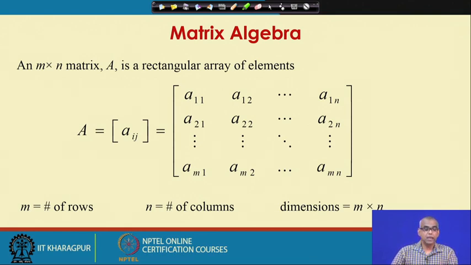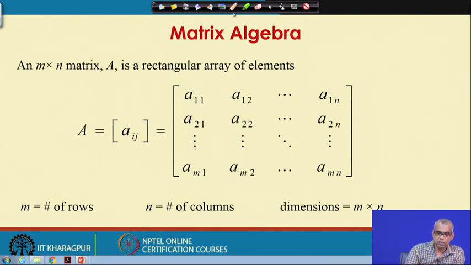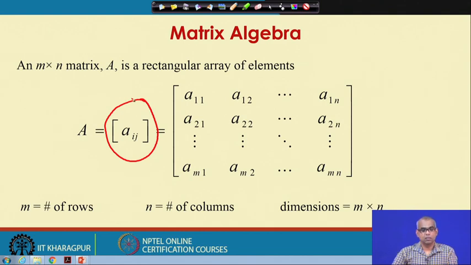An m by n matrix A is a rectangular array of elements. So, the matrix A can also be represented as shown.